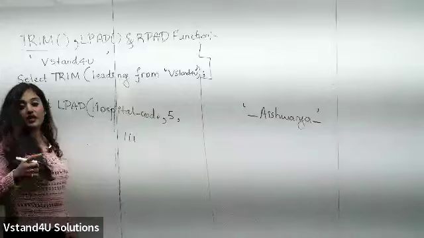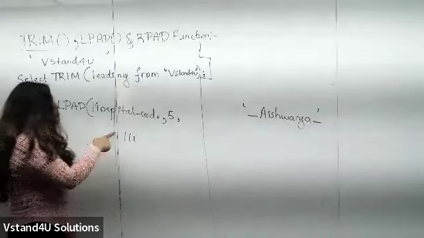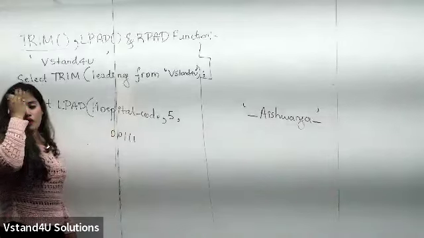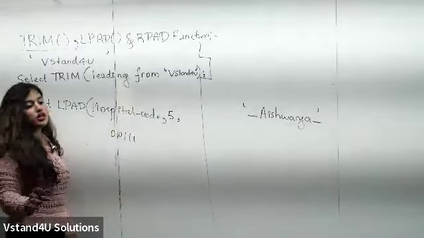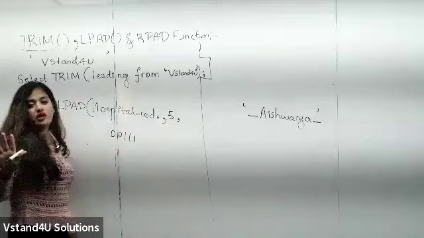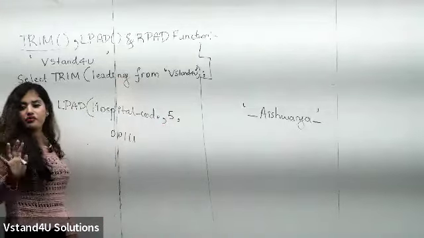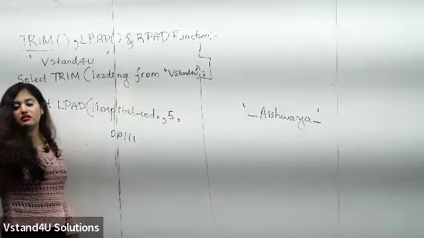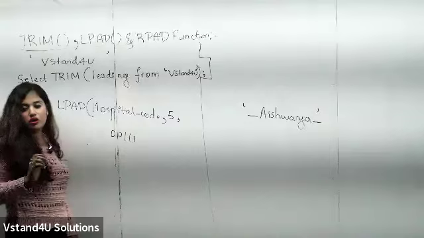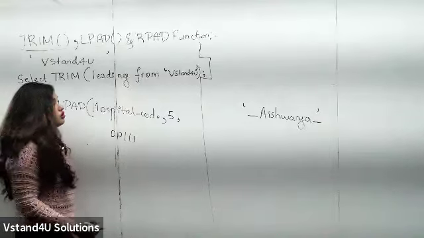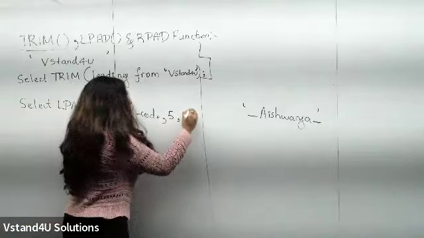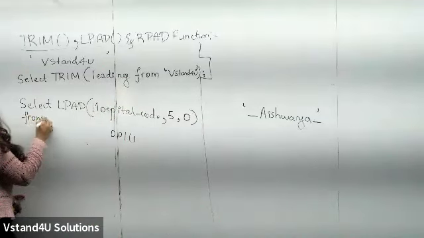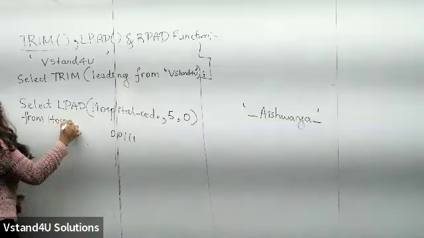For lpad, on the left side, you have to add 0. They have not said how many zeros, but you know I have to get 5 digits. The code will itself know that if you have three digits, I have to add 2 more. So you pad with 0. From which table? From the table called hospital.